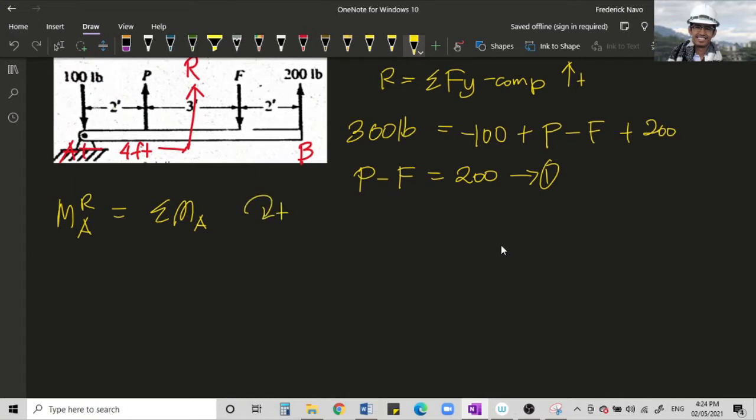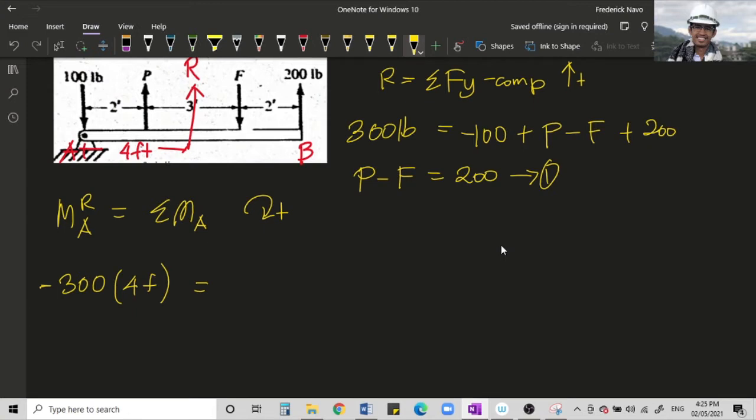Okay, so resultant, i-moment natin given yung resultant which is 300 pounds, so that will be 300 pounds. Perpendicular distance will be 4 feet. So yung direction ng moment niya will be counterclockwise, so this will be negative. Okay, so equal siya sa summation moment at point A ng ating force system.